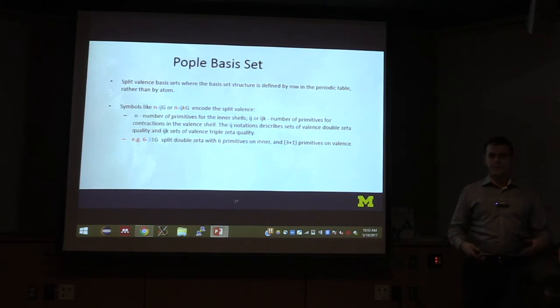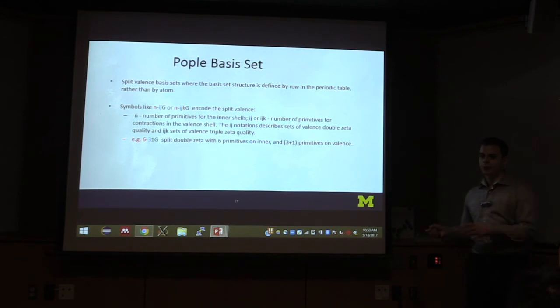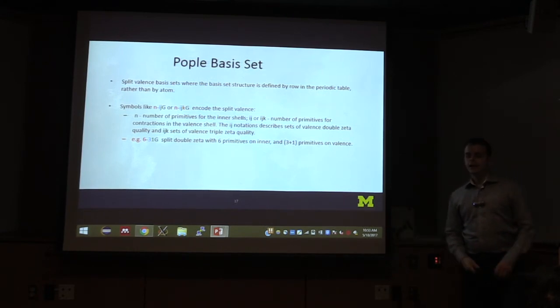The core are represented by 1 basis function with 6 primitives. If you remember earlier, I said that more basis functions used for the valence than the core does not mean more primitives are used for the valence. And you can see that here. The core has 6 primitives, whereas the valence has 4. But now the valence is composed of 2 basis functions each.